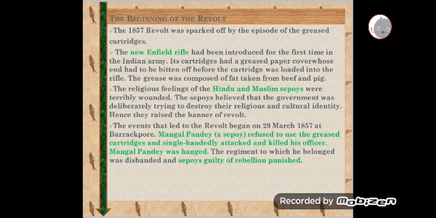The events that led to the revolt began on 29 March 1857 at Barrackpore. First, Mangal Pandey, a sepoy, refused to use the greased cartridge and single-handedly attacked and killed his officer. Mangal Pandey was hanged. The regiment to which he belonged was disbanded and sepoys guilty of rebellion were punished.